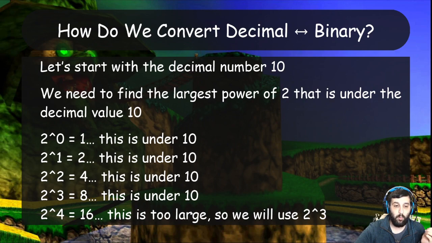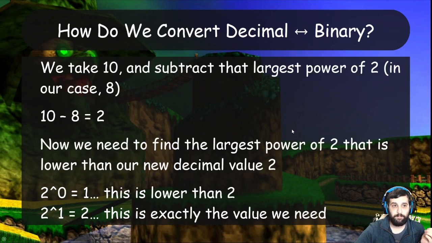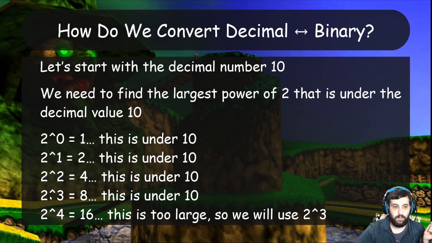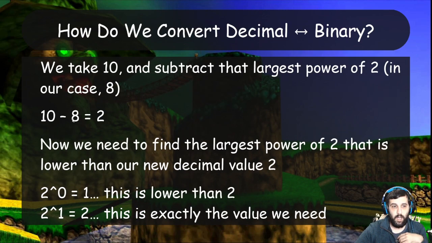So we're going to go back 1, to this guy, 8, and we're going to use this value. So it's 2 to the power of 3. We're going to remember that. But we're going to take this 10 and subtract 8, which equals 2. So that's our remainder.